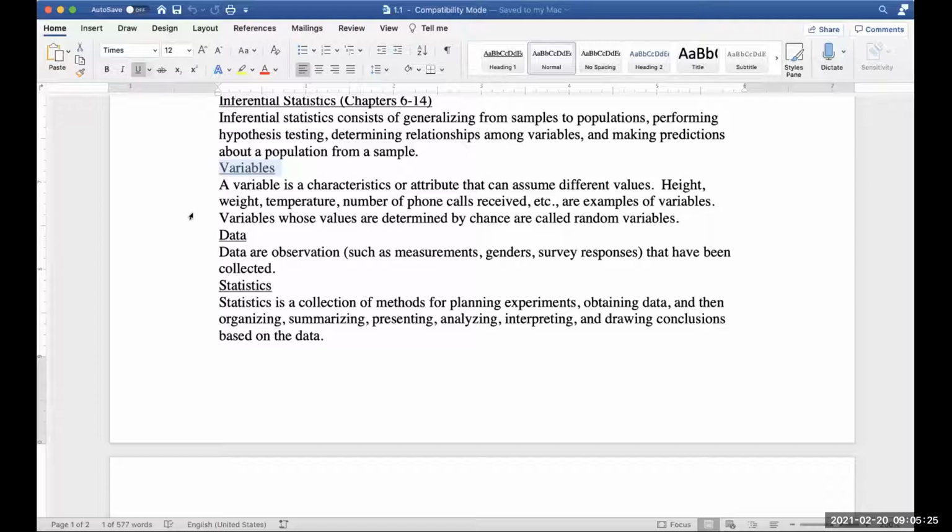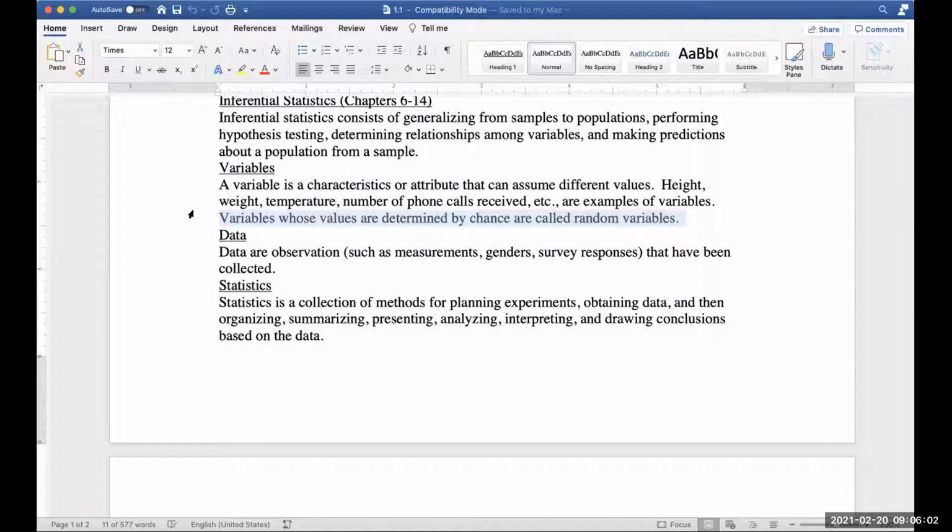So a variable is a characteristic or some attribute that can assume differing values. Such things like height, weight, temperature, number of students in class. Those are examples of variables. Variables whose values are determined by chance are called random variables.